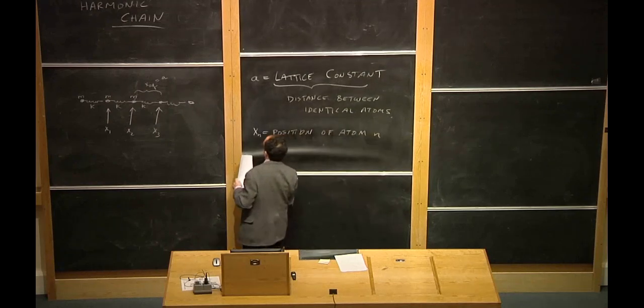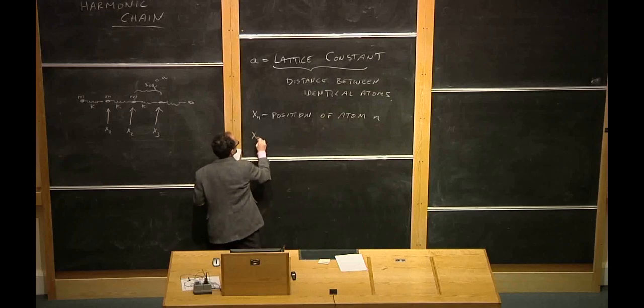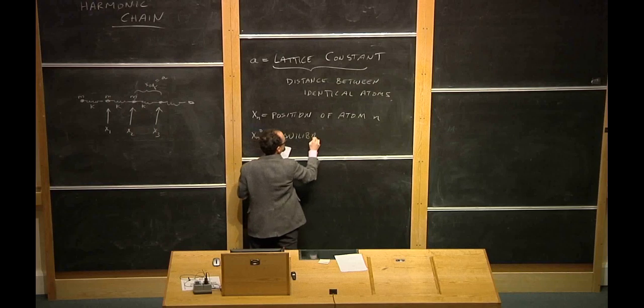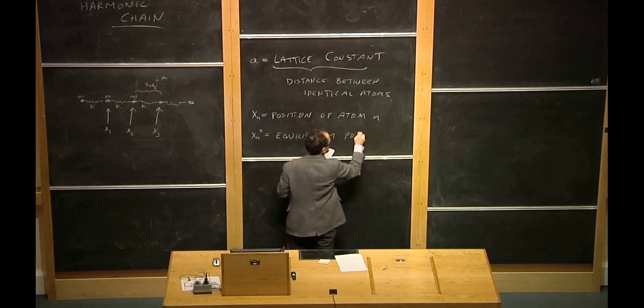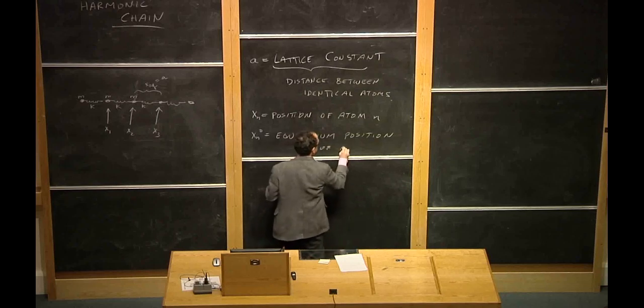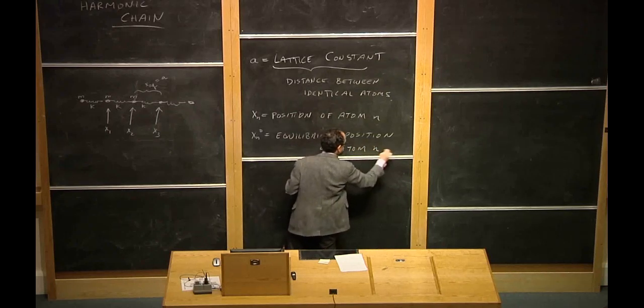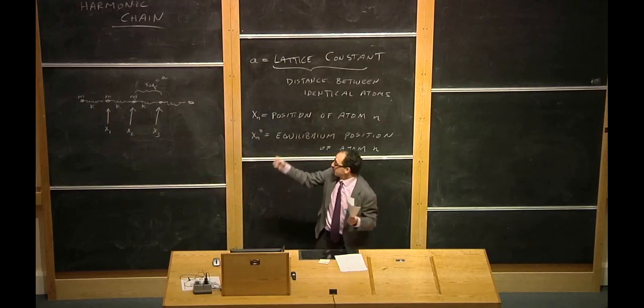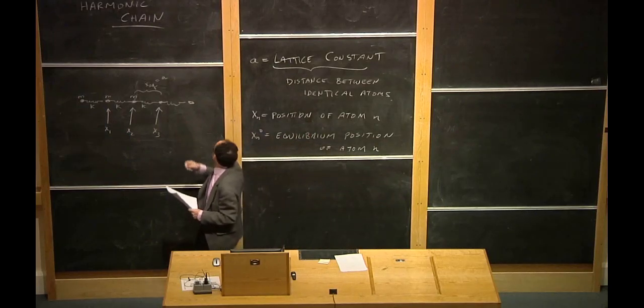And let's let xn superscript 0 be the equilibrium position of atom n. So if you imagine letting the chain come to rest and you measure the positions, they're all spaced by a distance a.